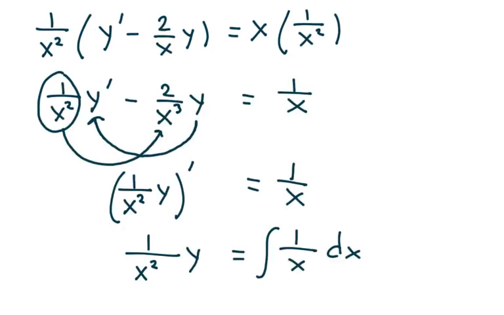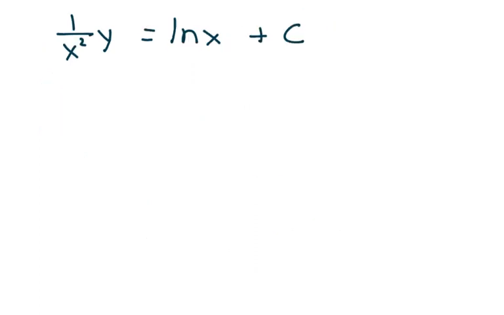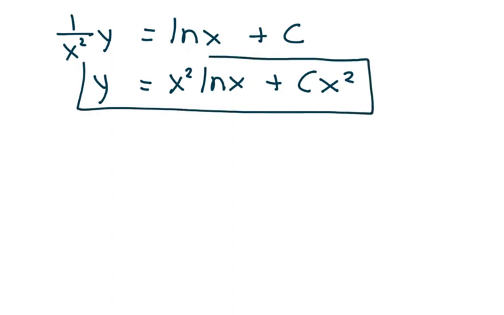So 1 over x squared times y is natural log of x plus c. Remember, natural log of x is the function whose derivative is 1 over x. That's what I want, right? So y is x squared natural log of x plus cx squared. And that's how you do example 3.